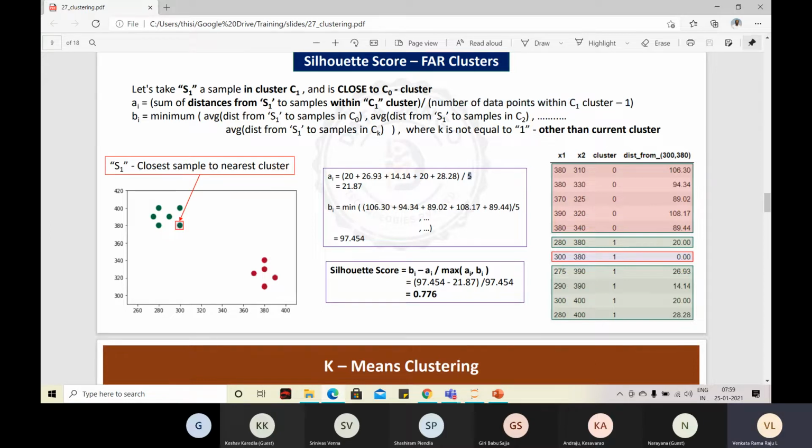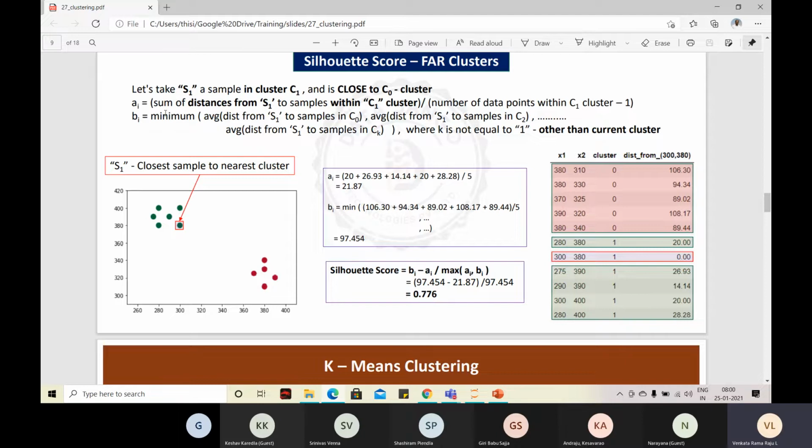So 5 is the denominator. I have taken the distances between this data point and all the data points within C1: 20, 0, 26, 14.4, 20, 28, divided by the number of data points within cluster C1 minus 1. That is A1. This A1 is calculated like that.